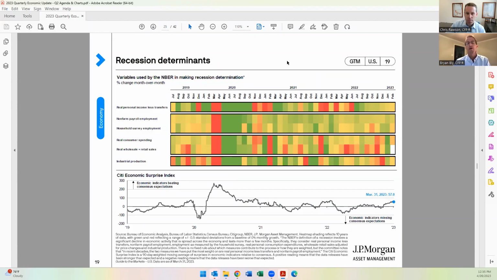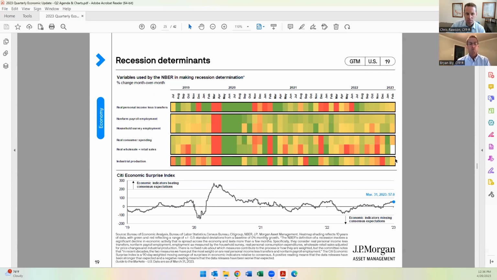This is here because, as mentioned before, we're not in a recession yet. These are the variables used in officially declaring a recession. You can see the updated numbers here. During the COVID period, we're all in red. Now looking into February, while none of the signals are red, they're still not all in green either.